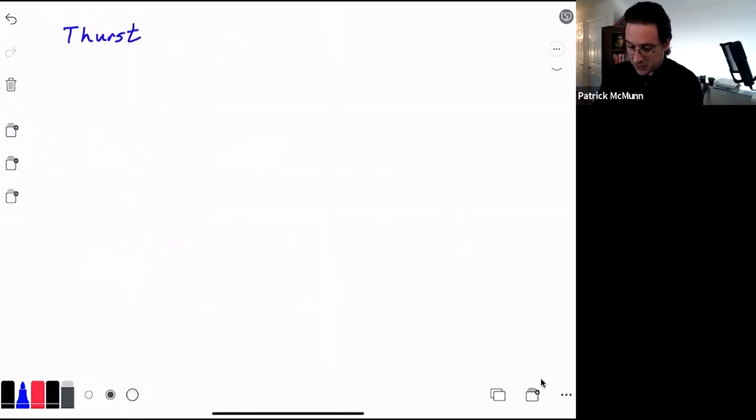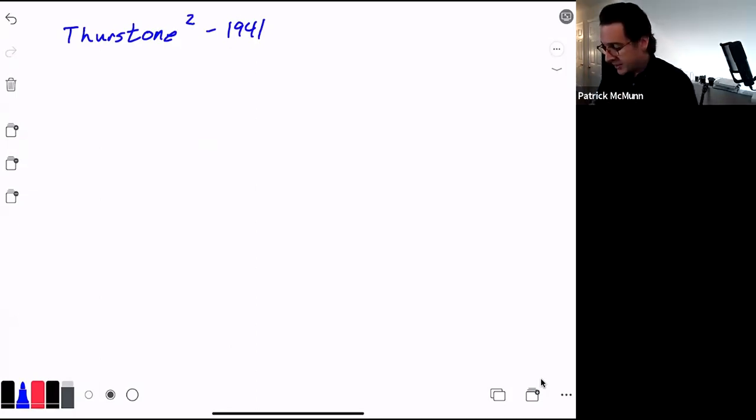I'm going to put Thurstone squared, okay, in 1941. So they expanded upon this because they recognized that Spearman's concepts were very confined, and there were probably a lot more angles to intelligence than what we really gave him credit for. So they came up with 7 distinct patterns.